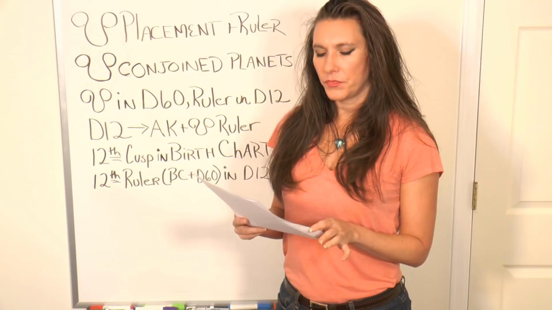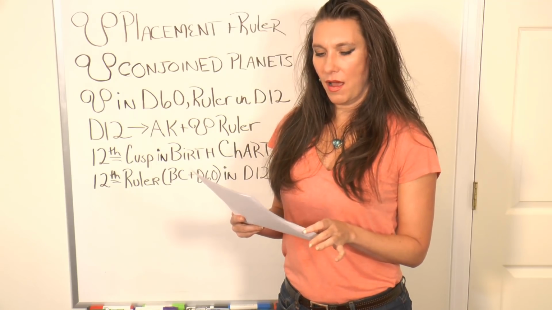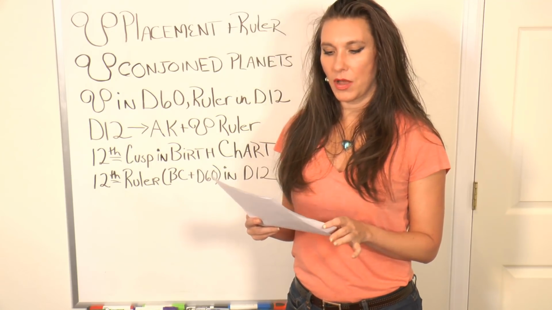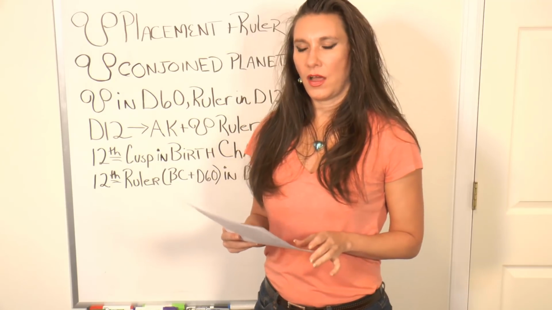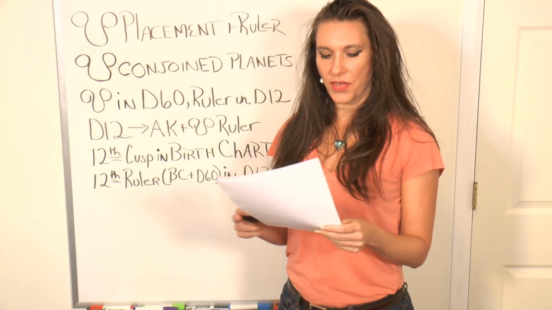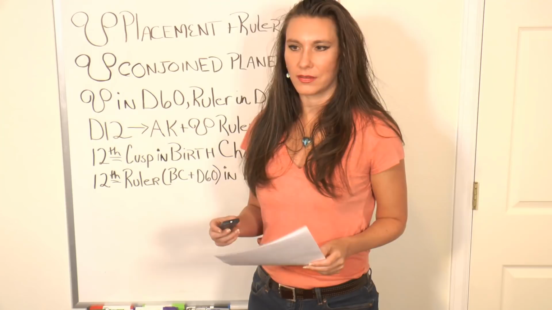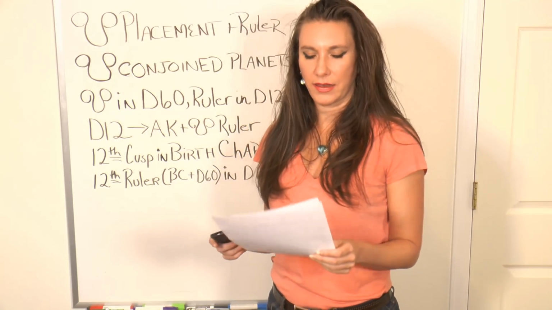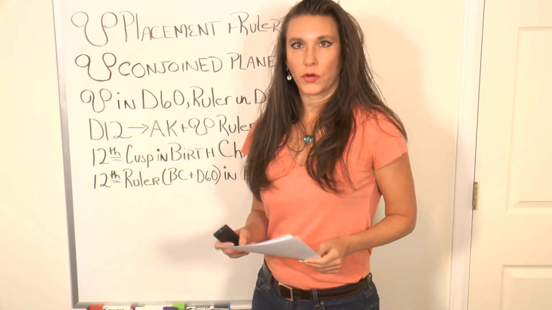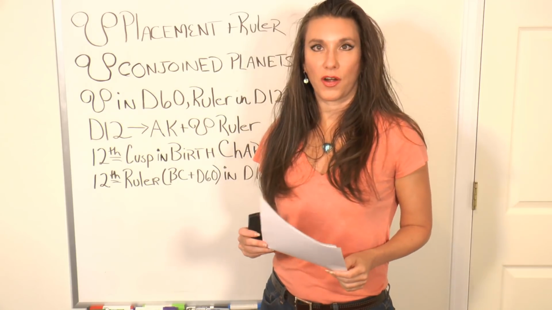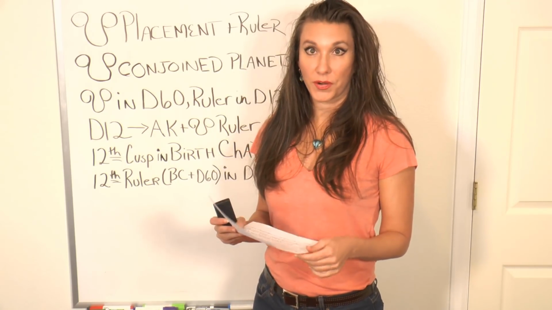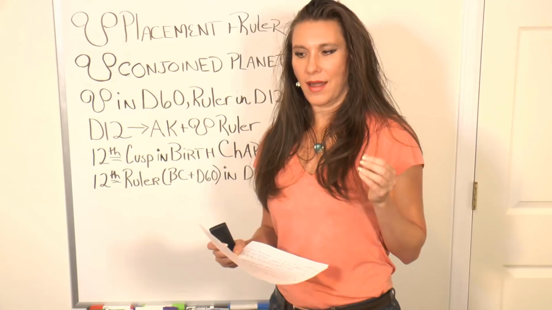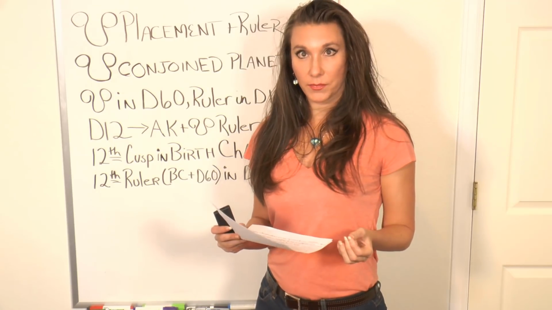Now, if you have Ketu in Kama or desire houses, no, let me go to Artha. Artha houses. Those are houses 2, 6, and 10, corresponding to earth signs, the earth signs of Taurus, Virgo, and Capricorn. And these houses have to do with wealth and materiality.